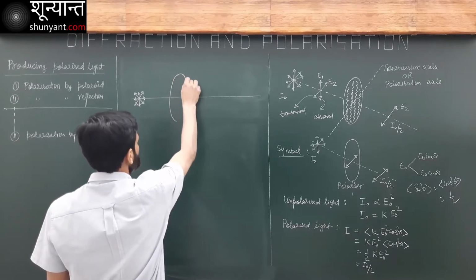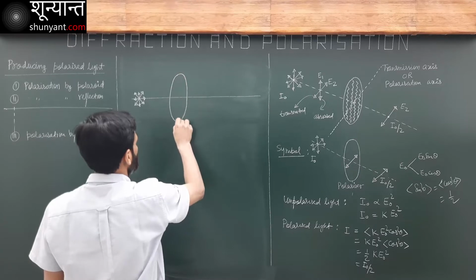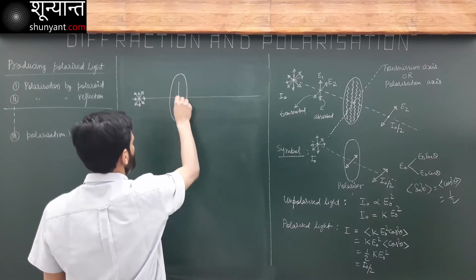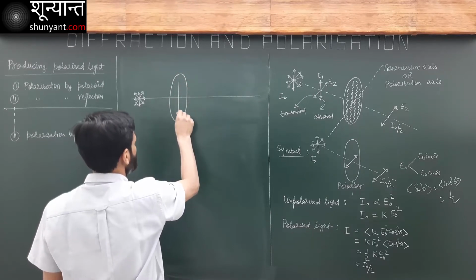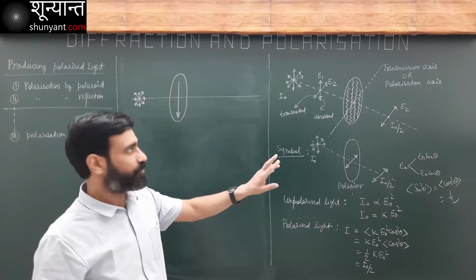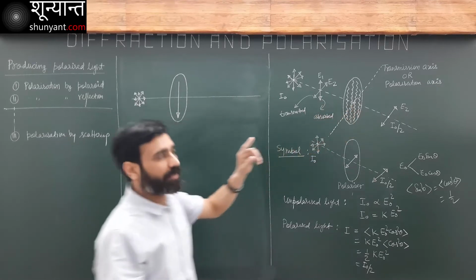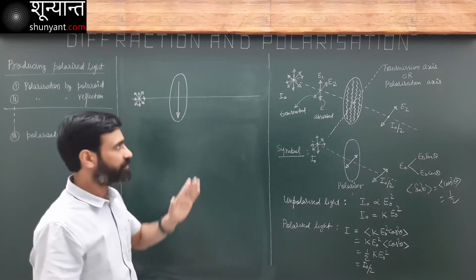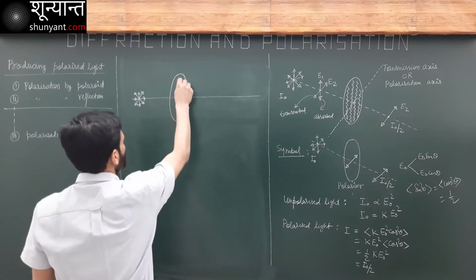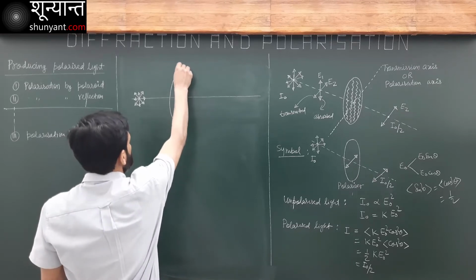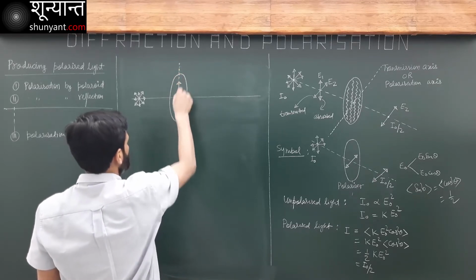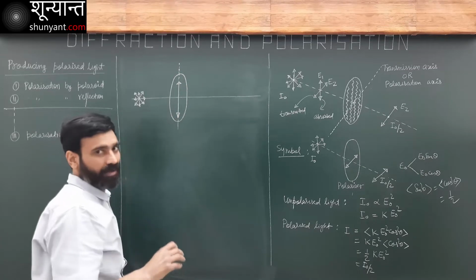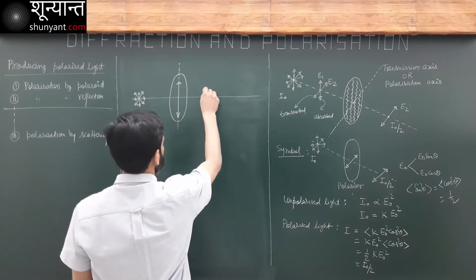This is a polarizer, and this is its transmission axis. Transmission axis and polarization axis are both the same. That means along this direction the light is going to be transmitted. It is going to be polarized in this direction, in this plane. Let's say this is the vertical direction. Then what will happen? I will get light of some intensity.